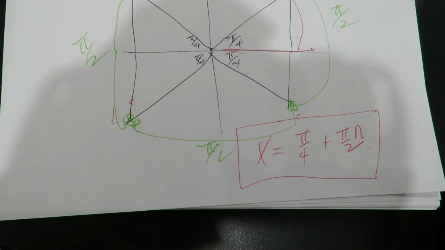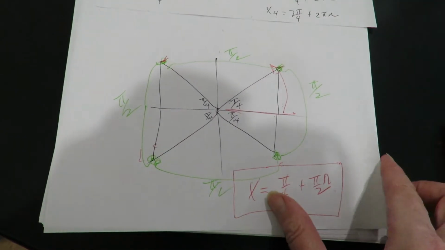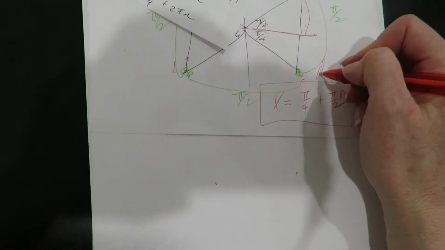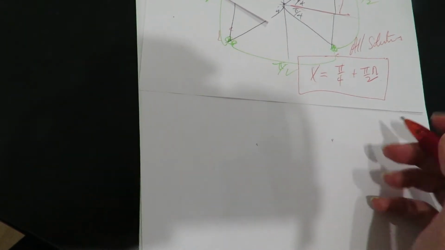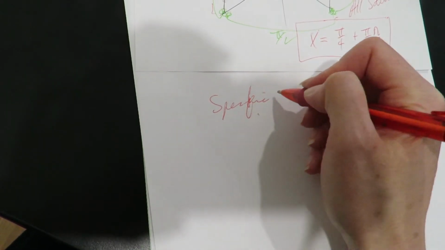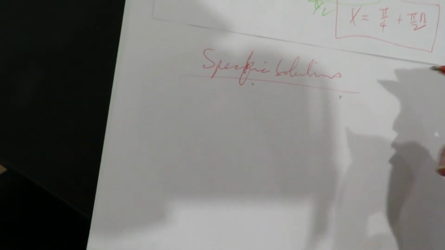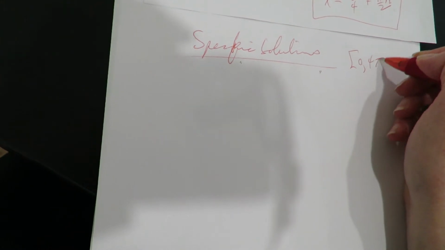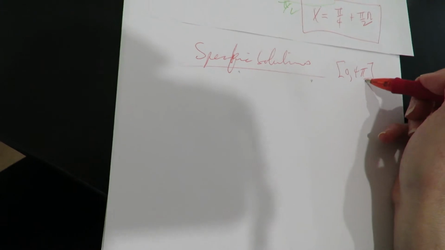I'll just do one more, and let me just specify, if they say, for instance, on the test and the homework, and they will, so this guy here is all solutions, but if you wanted specific solutions, like if the original question said, okay, I only want solutions from 0 to 4 pi, then you would just generate enough solutions till you got up to 4 pi.